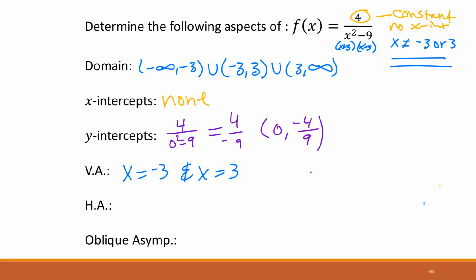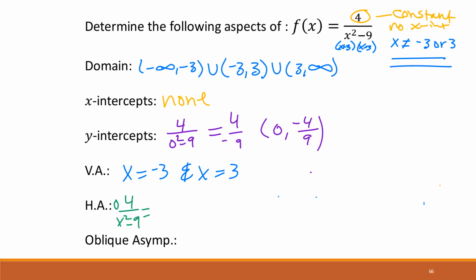And our y, because we don't have an x on the top, we have a constant. That means that the higher power is in the denominator. So the numerator is less than the denominator. Let me write it here. We have 4 over x squared minus 9.